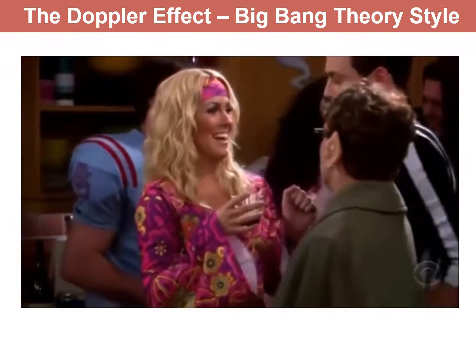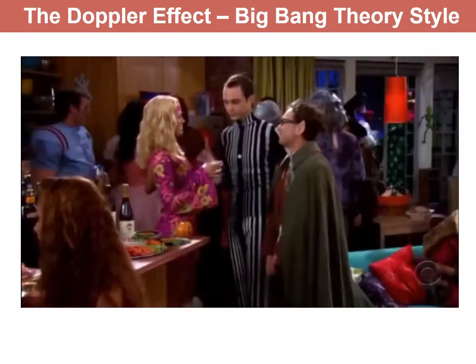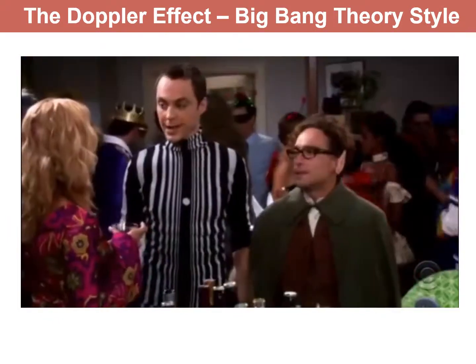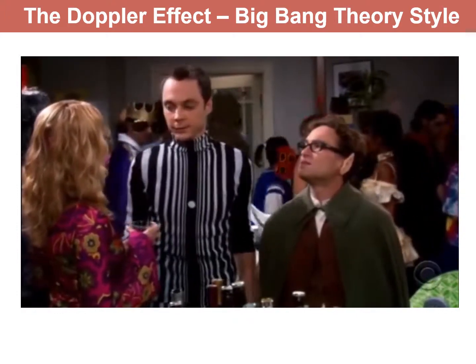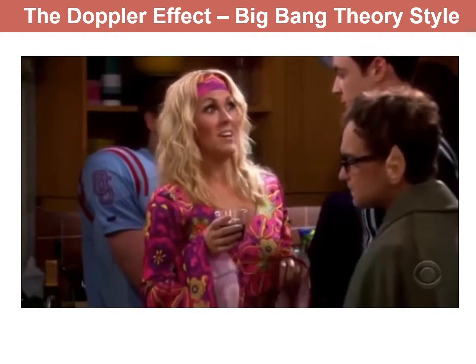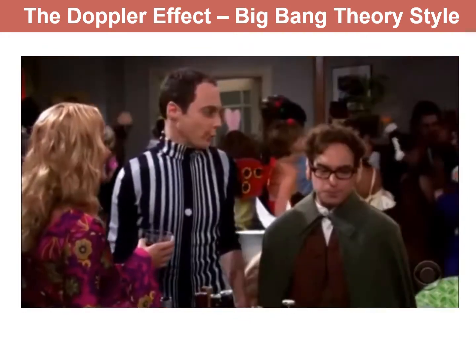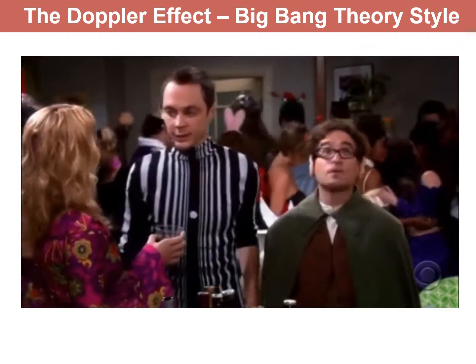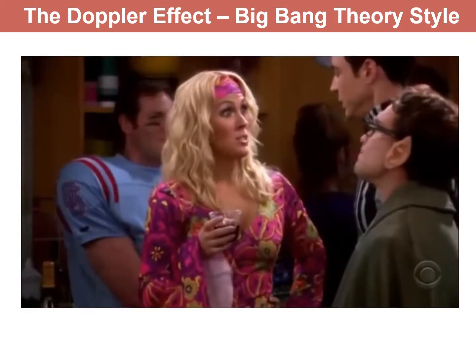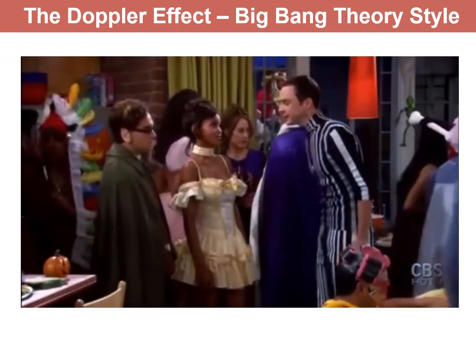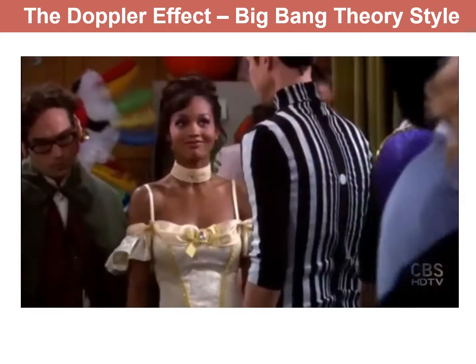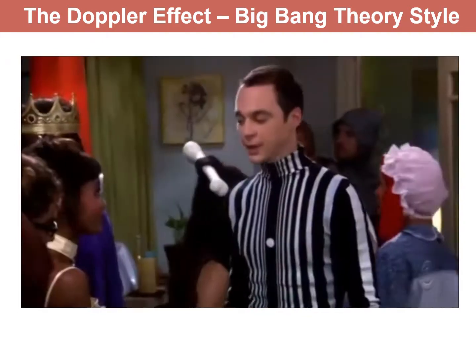Oh, hi. Hello. So what are you supposed to be? Me? I'll give you a hint. Meow. A choo-choo train? Close. Meow. A brain-damaged choo-choo train? I still don't get it. I'm the Doppler effect.